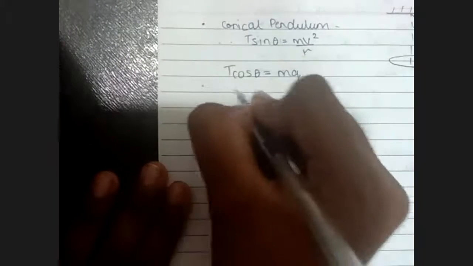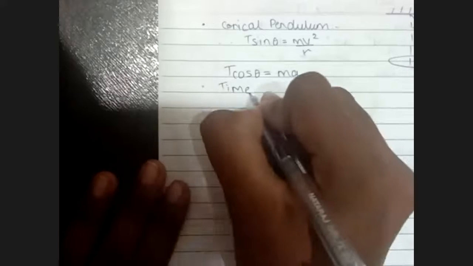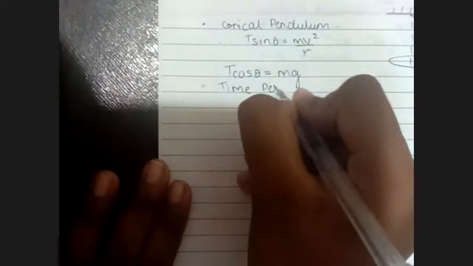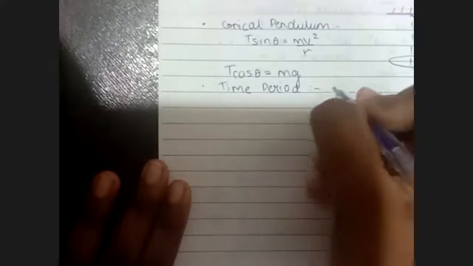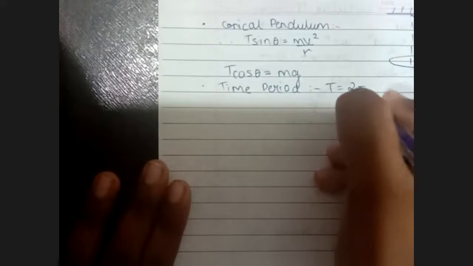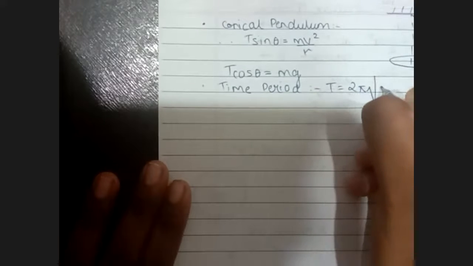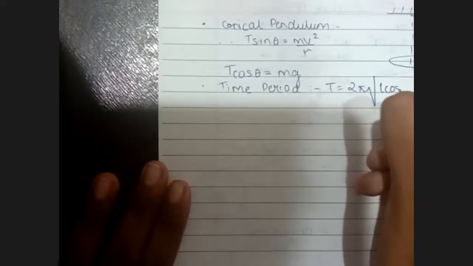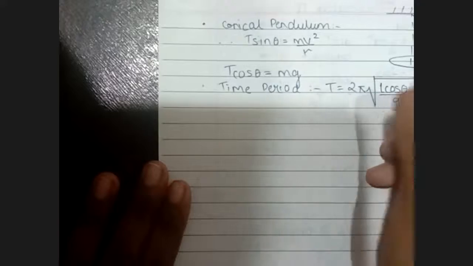So when we remove this, the time period of a conical pendulum is 2 pi root L cos theta upon g.